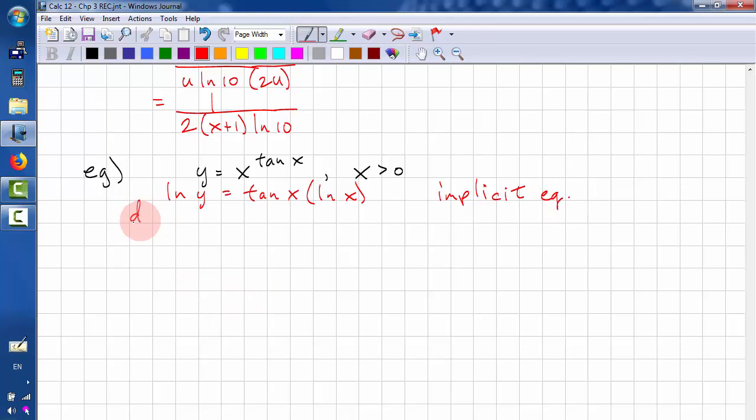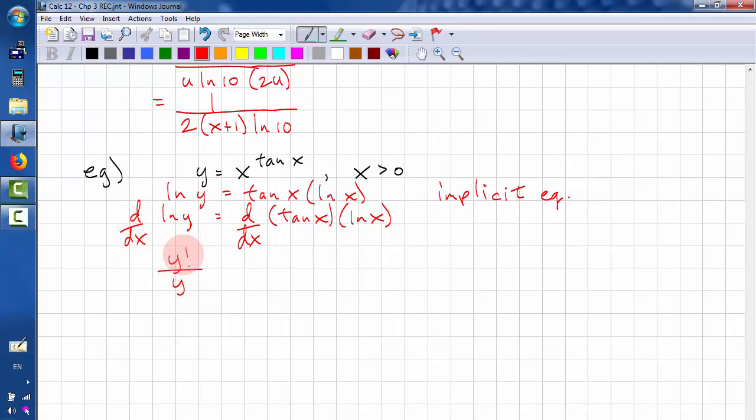So d dx ln y equals d dx tan x ln x. This is a product. We're going to have to do the product rule. Here we have y prime over y, because the derivative of ln y is 1 over y.